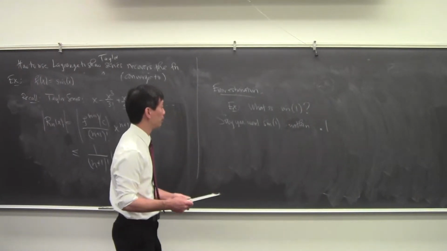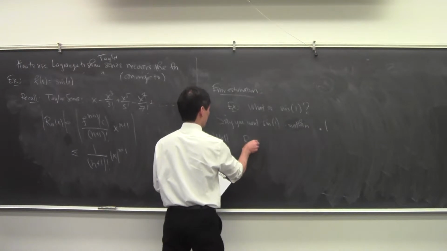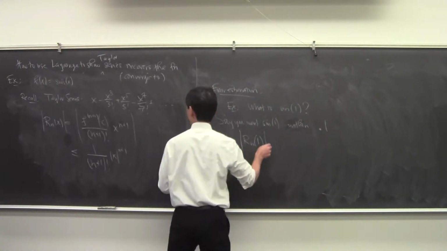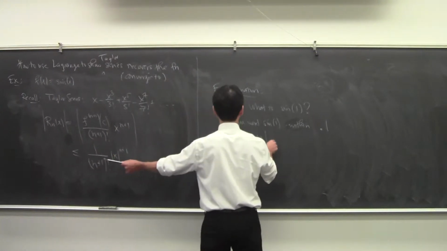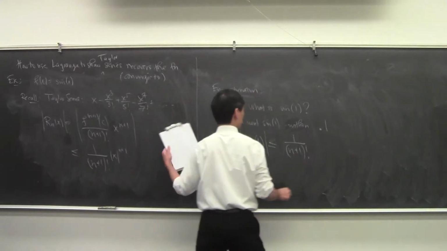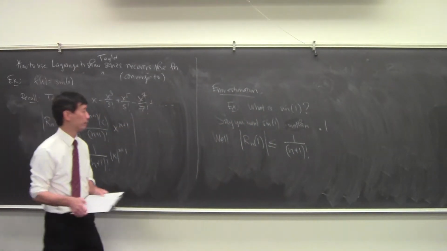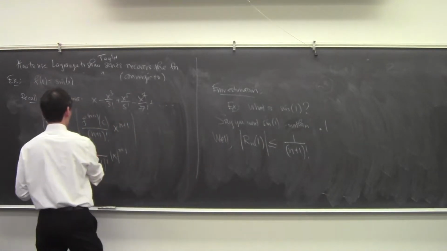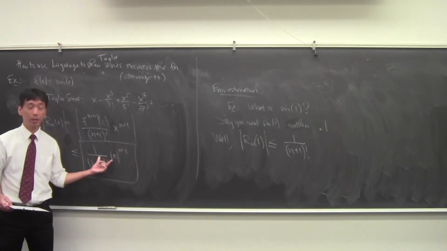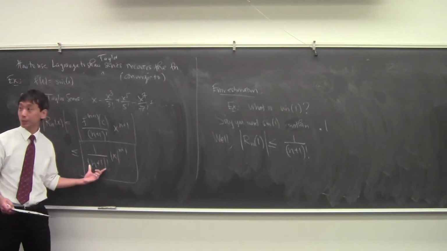Well, I know that the remainder, we just saw that the remainder is smaller than the absolute value of x to the n plus 1 over n plus 1 factorial.